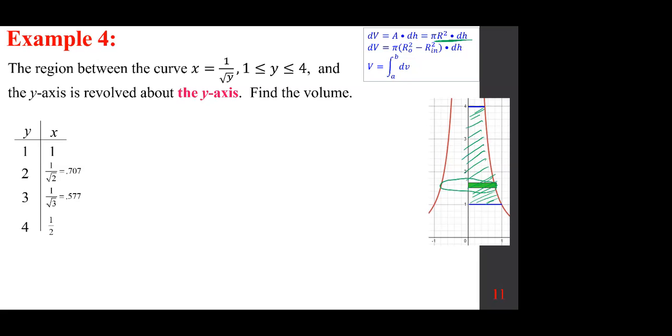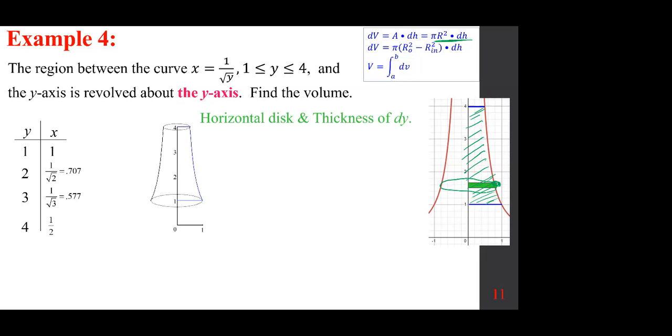Pi r squared h, that means we need to know the radius r. I hope you realize the radius is the x coordinate, so the radius is x or f of y. And dh, the thickness, is dy. By the way, it creates a shape like that, a horizontal disk with thickness dy.